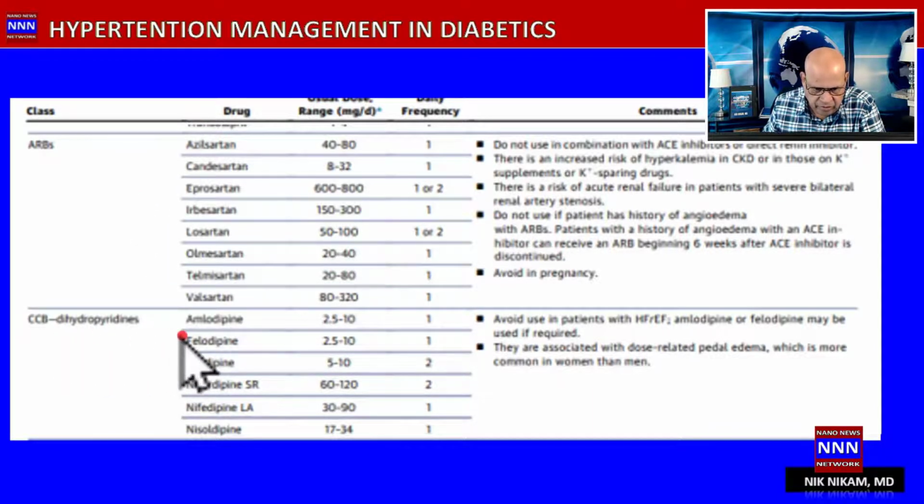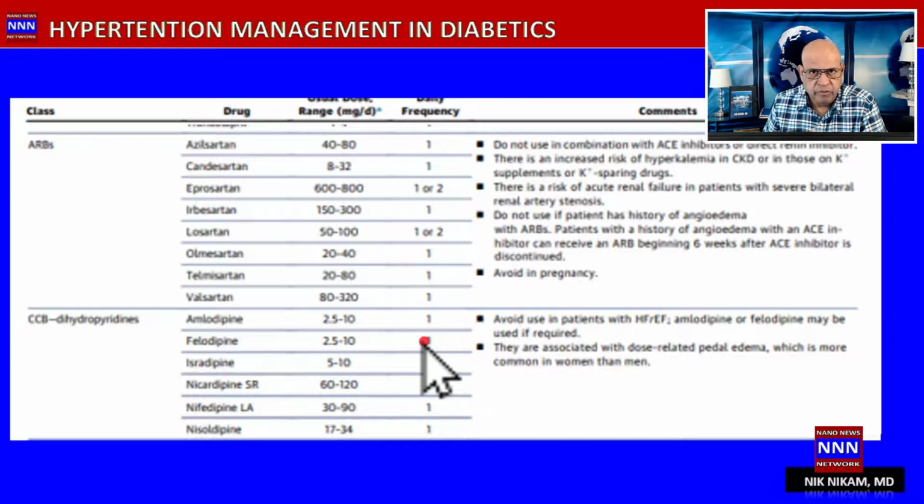Calcium channel blockers are like amlodipine, felodipine, and nicardipine. All these things, there are the dosages. And when we use drugs like verapamil or beta blockers, we need to be concerned about heart blocks, bradycardia, impotence with beta blockers. We need to be familiar with the most frequent side effects related to each class of drugs.